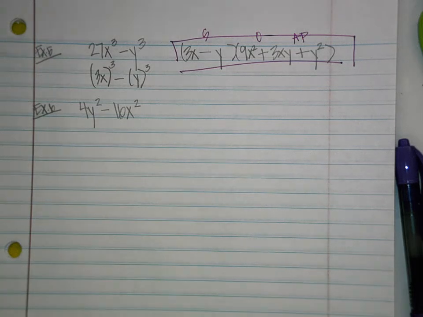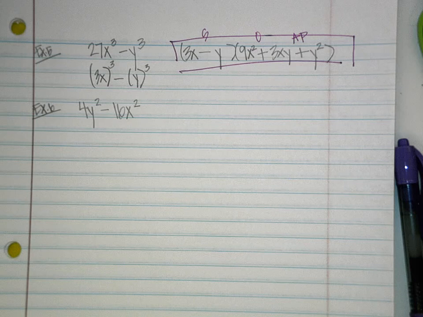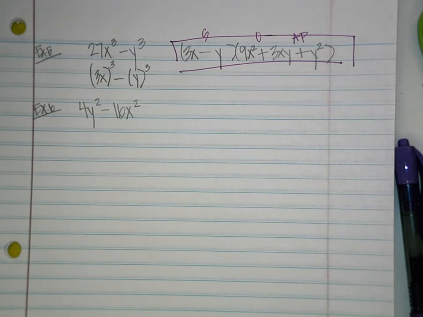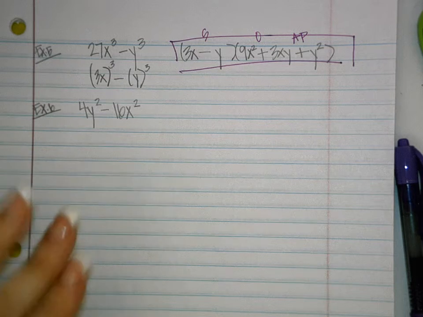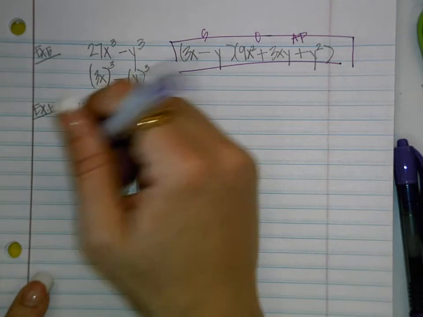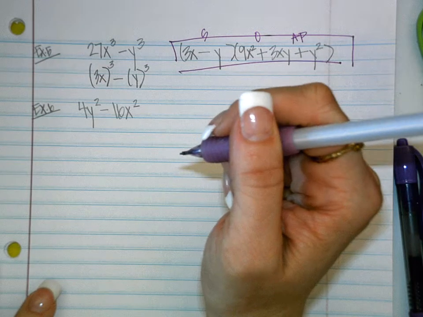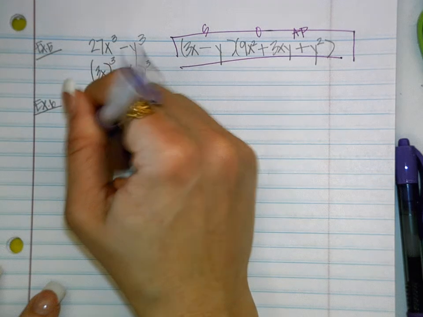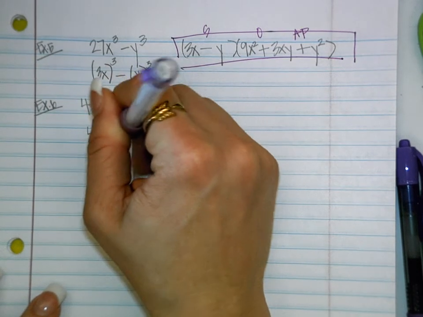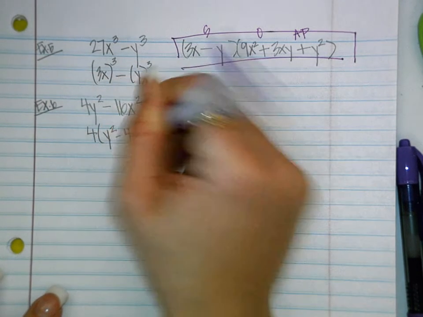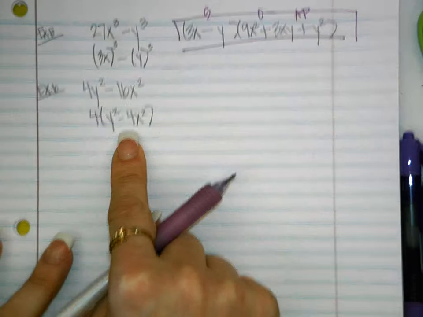Okay, what kind of factoring can you do here? GCF. Okay, you could also do difference of squares, but not first. You first always want to take out a GCF. So first take out the GCF. What is the GCF? A 4. Left behind would be y squared minus 4x squared. Then, can you factor further?